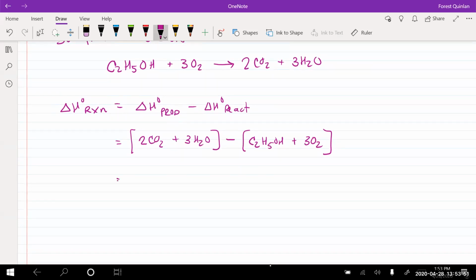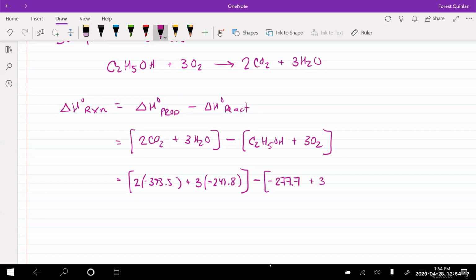So all I have to do now is plug in the numbers. So I have 2 times negative 393.5 plus 3 times negative 241.8. I'm now going to subtract out the reactants, which is a negative 277.7.